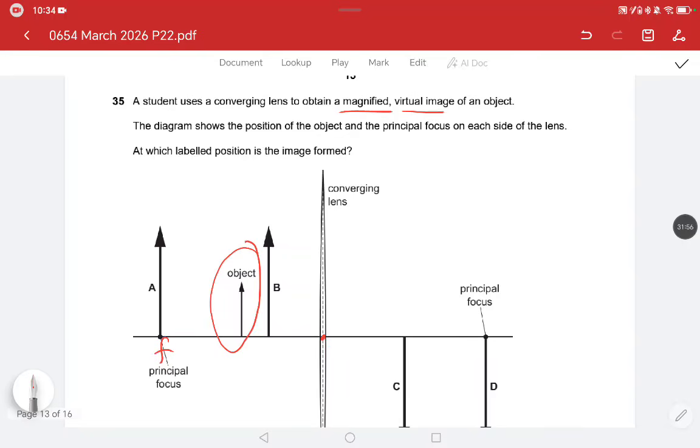This will give you the virtual magnified image. So the question here, at which labeled position is the image? They are talking here about the image. Where is the image? So the image, usually, it will be upright and behind the object. So it means the answer is A.